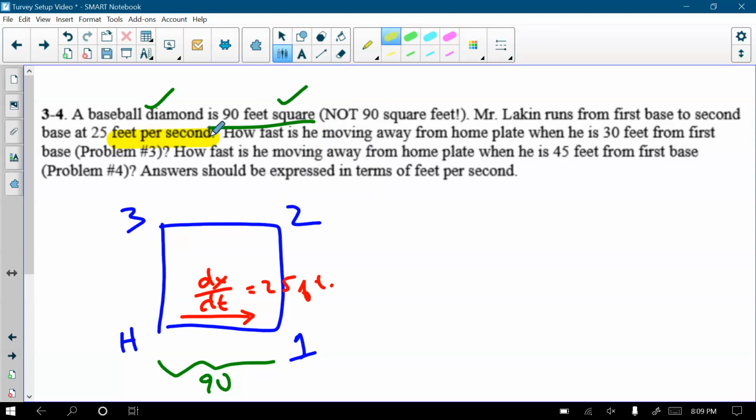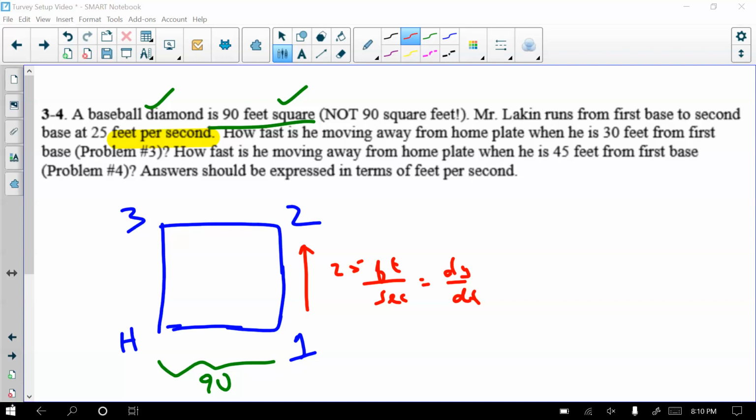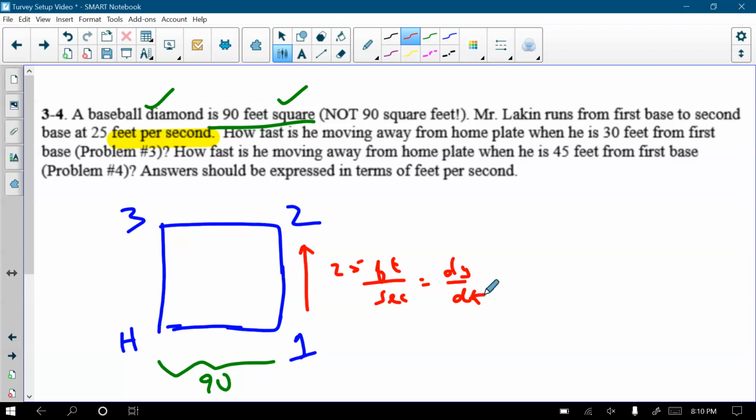So feet per second is always a d-something-dt. And actually, I drew that wrong on my picture, so let me pause and fix this. Since I'm going from first to second, I made that dy/dt instead of dx/dt, because I'm going vertical now.